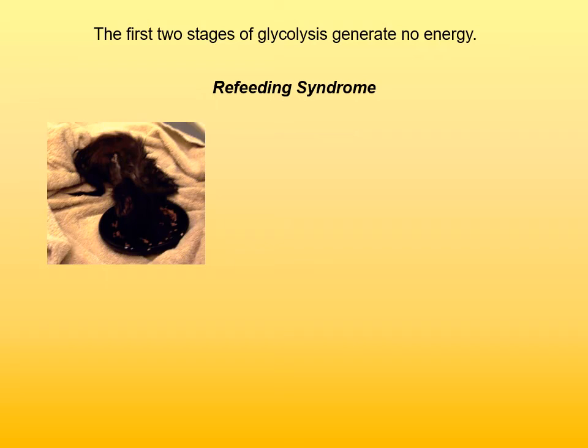But then she was given repeated small meals. Approximately every 4 hours, she was given a small meal until she built up her energy reserves. And then she could be fed normally and allowed to free feed. But initially she definitely should not be allowed to free feed.